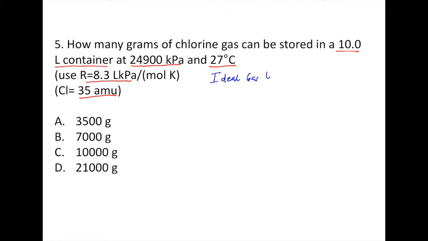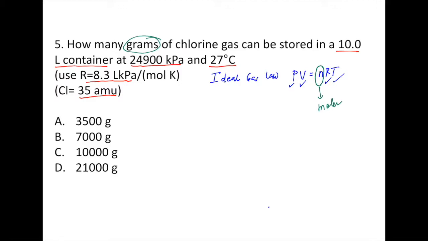And the formula for the ideal gas law is PV equals nRT. Now, if we're going to check for the variables, we have here the pressure, the volume, the value of R, and the value of T. And since we are looking for the grams, therefore, we can conclude that we need to find first the number of moles.